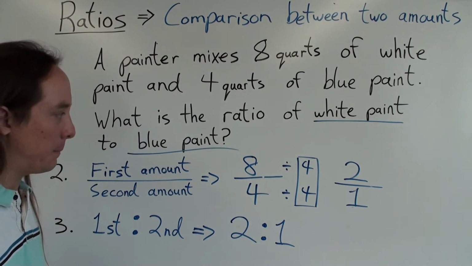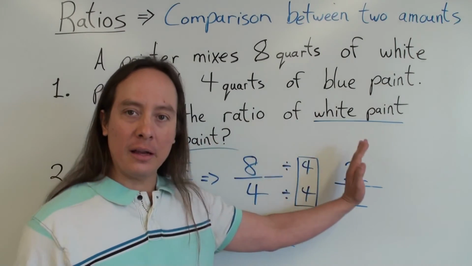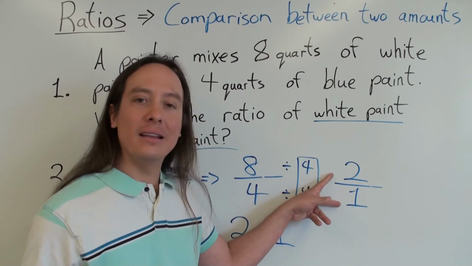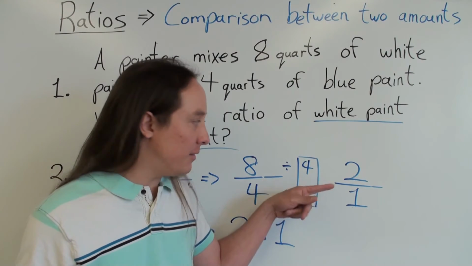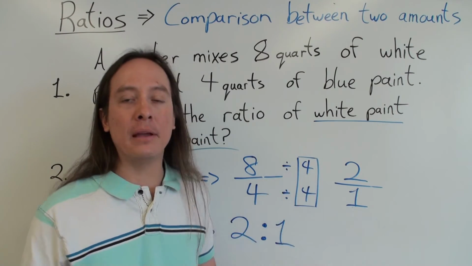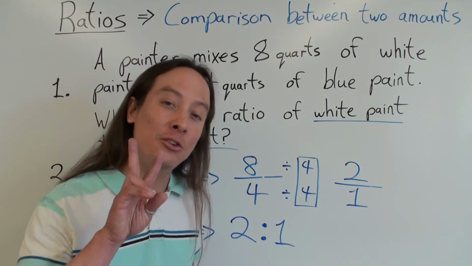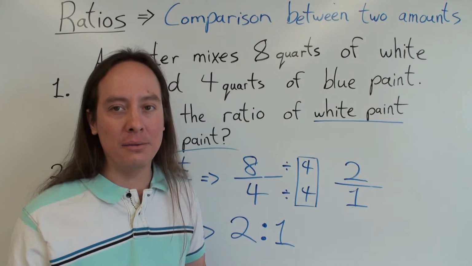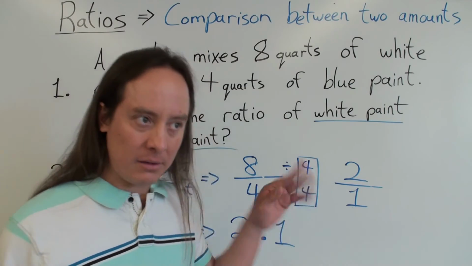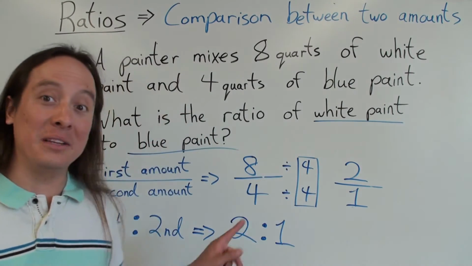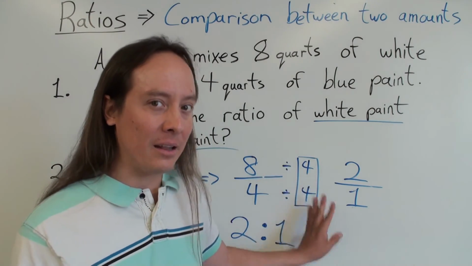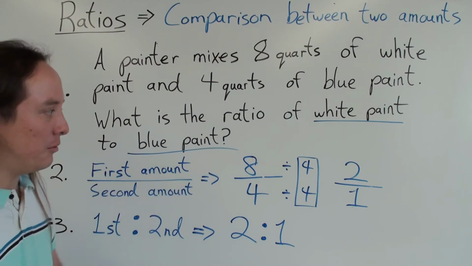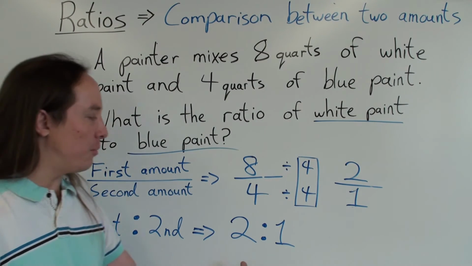We reduce it like a fraction, but we leave it improper because it's a comparison between 2 amounts. If I did 2 divided by 1 and got 2, I'd lose the ratio. This is the only time you can do that with fractions. Leave it as the comparison between two amounts, and then you can also express it like this.